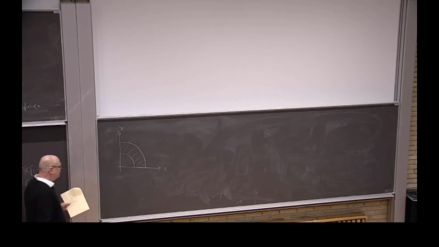Like this, and then the angle goes from 0 to pi half. So you have this area here, or this field here, and what you want to do is find the mass of this field here, and you want to find the mass midpoint.